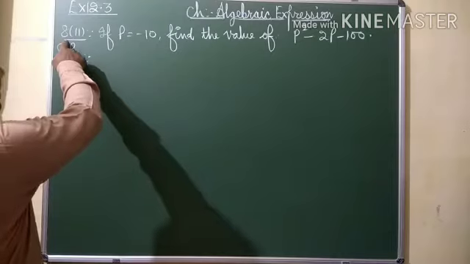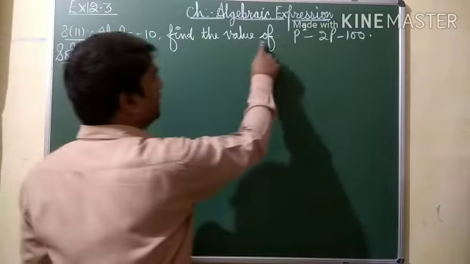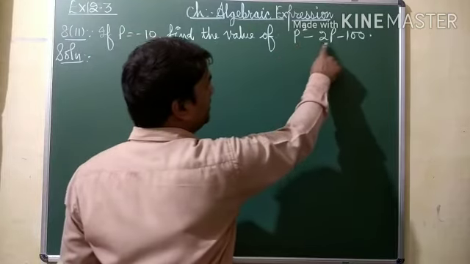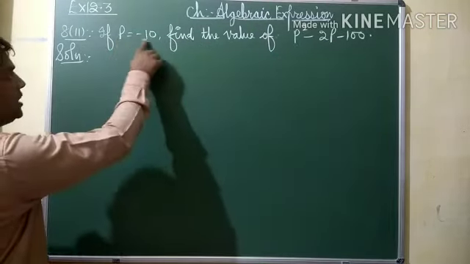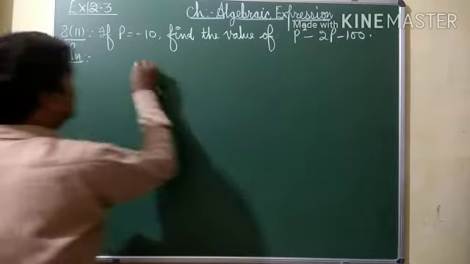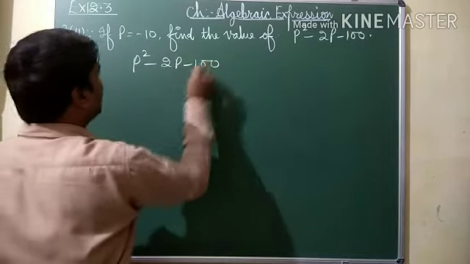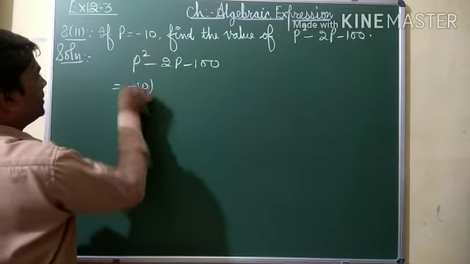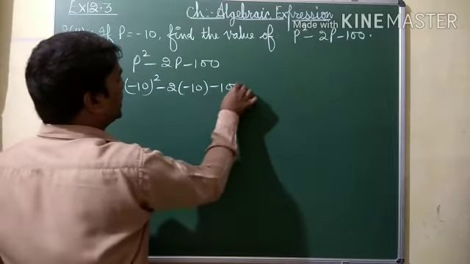Next is question number 8, second part. If p is equal to minus 10, find the value of algebraic expression p square minus 2p minus 100. So first of all, put the value of p is equal to minus 10 in the algebraic expression p square minus 2p minus 100. We get minus 10 square minus 2 into minus 10 minus 100.